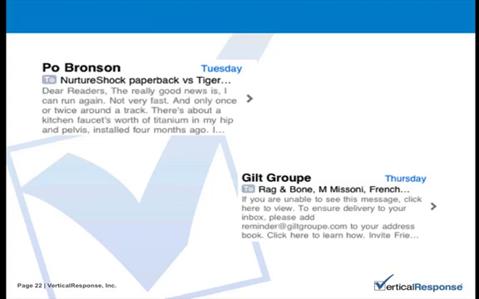Pre-header text is just the first line of text in your email. So if you don't put anything prior to the heading in your email, then it's the first line of the text. That's what the first one on the left is, just the beginning of the email. On the bottom right, you can see it says, if you are unable to see this message, click here to view. This is where you probably would want to have something more specific than that.